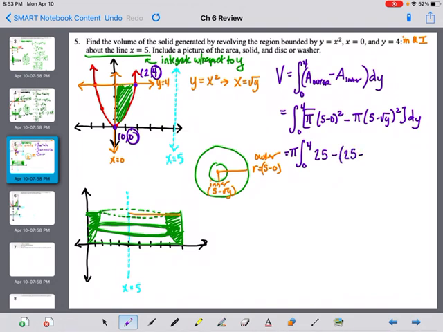So when I FOIL that, I'm going to end up with 25 minus 10 square roots of y, and then negative square root of y times negative square root of y is just positive y, dy. And then, of course, I need to distribute the negative to that trinomial.